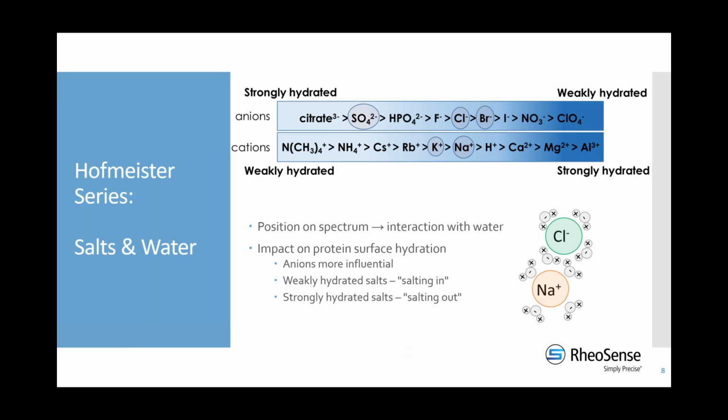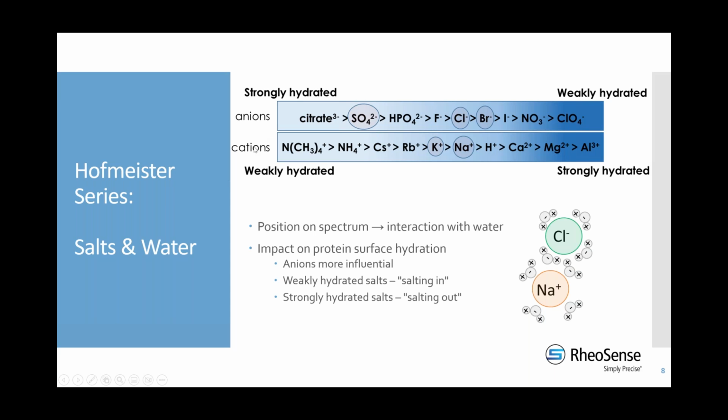So let me start off with talking about salts as an excipient and a means of controlling viscosity. Before I get into the data with the specific salts at the various levels that we used, I wanted to talk about what's referred to as the Hofmeister Series, because it can guide you in selecting your salt for whatever purpose you may have, and also in interpreting the data afterwards.